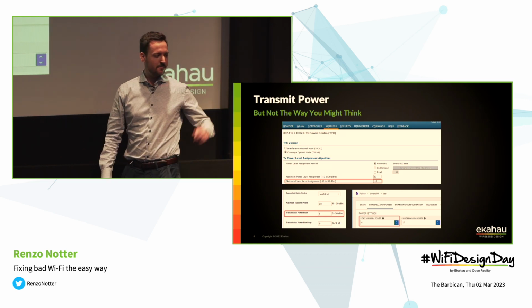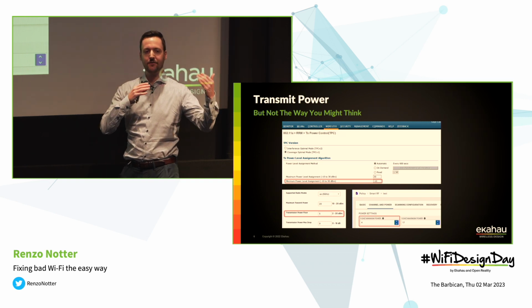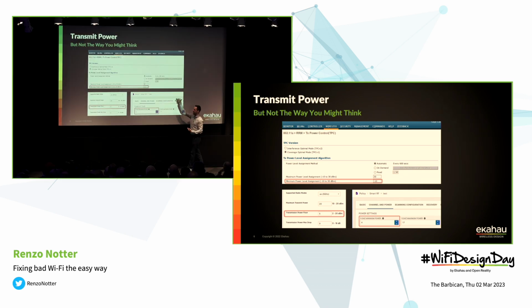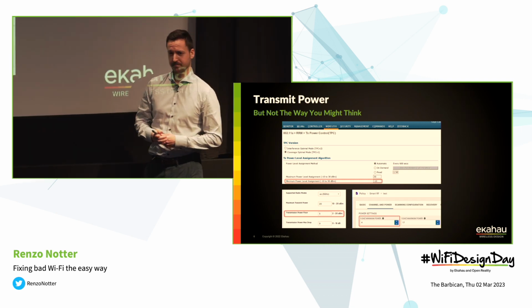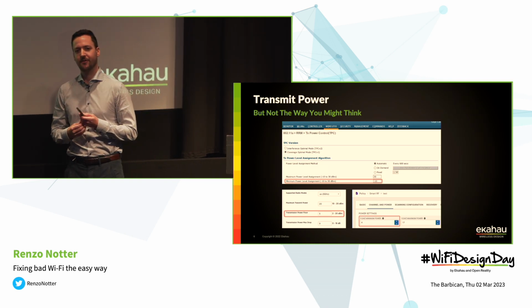In Ekahau, when you place your access points, it's a 14 dBm transmit power, almost, at 5 gigahertz by default. You can change these values to whatever you want. But the big issue is, in the end, when you start deploying your Wi-Fi environments with your vendors. How many of you use dynamic power selection or dynamic channel selection?